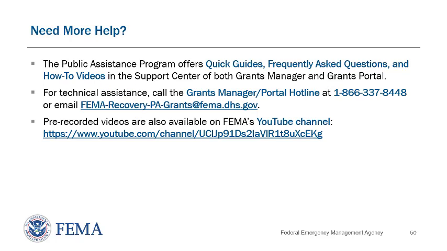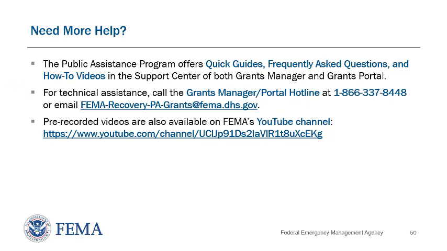So we hope this micro-training has been helpful to you, but if you're looking for other useful information about the Public Assistance Program, you can also check out the Support Center of Grants Manager and Grants Portal, where you can find resources such as quick guides, frequently asked questions, and how-to videos, just to name a few. You can also contact the Grants Manager and Grants Portal hotline at 866-337-8448 or email FEMA-recovery-PA-grants at fema.dhs.gov if you have technical questions about the system.